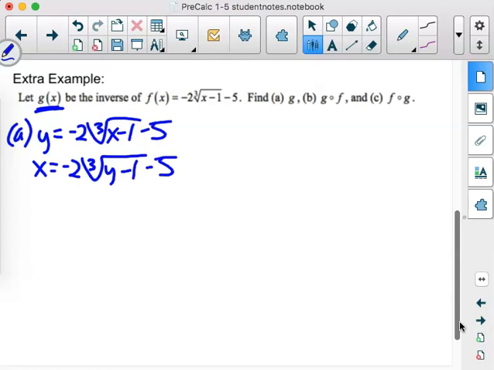And solve for y. Okay, so I'd have to add 5 to both sides. Then I'd have to divide both sides by -2 because I have to isolate my radical.